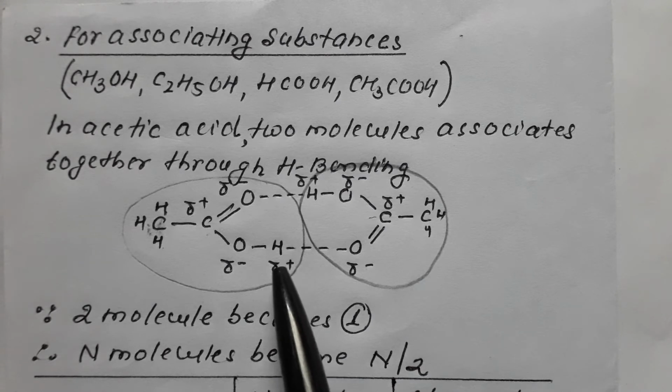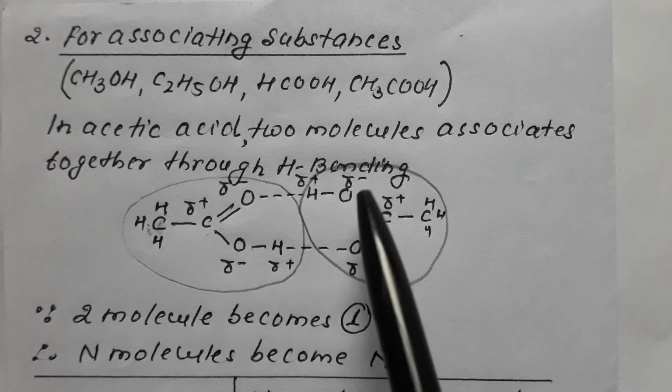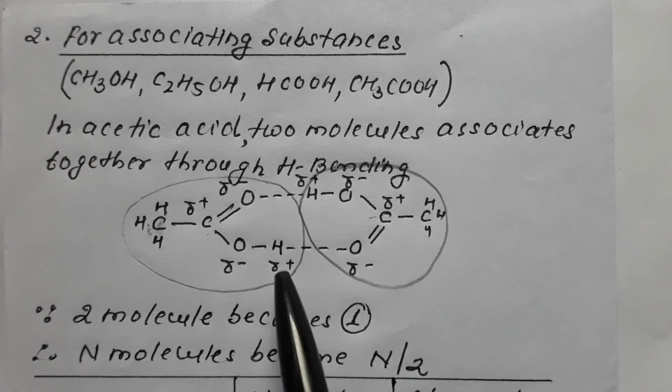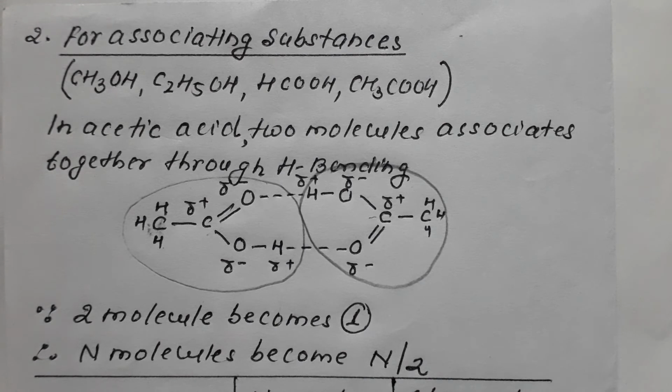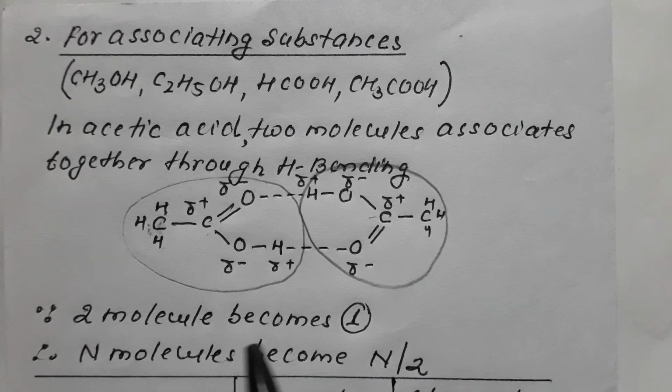This H forms a hydrogen bond with this oxygen, which means through H bonding, two molecules associate. Since two molecules become one due to H bonding, if there are n molecules in the system, they will become n by 2.